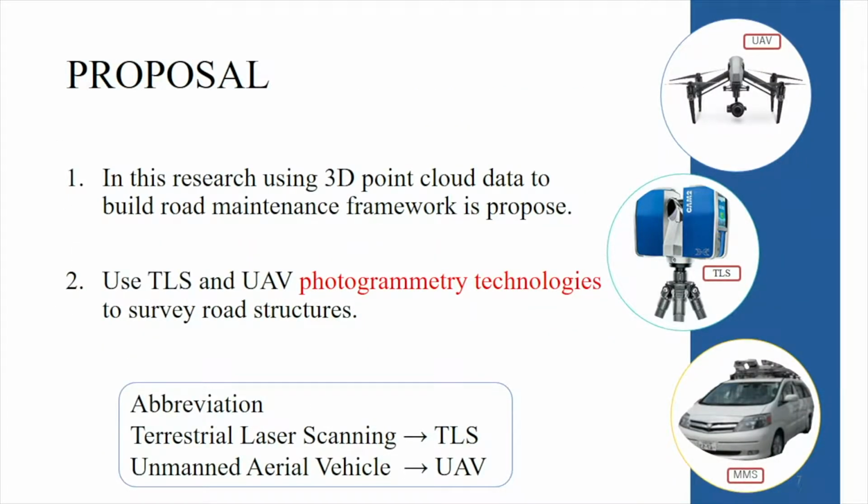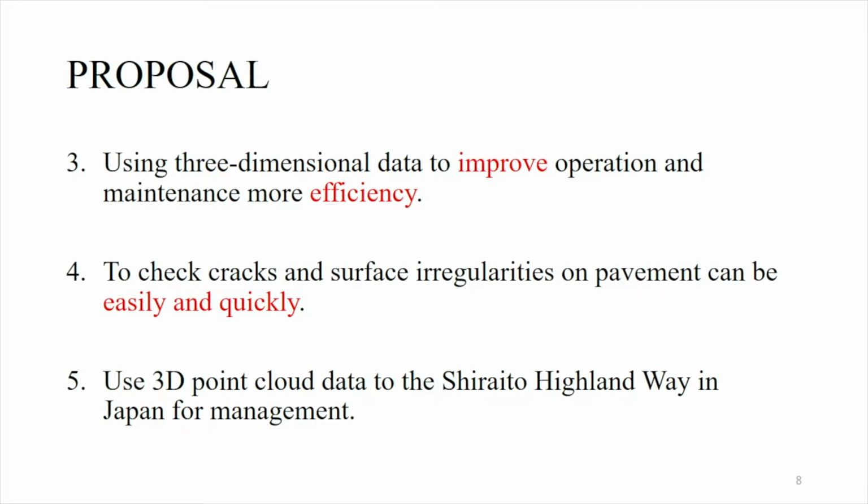In this research, using 3D point cloud data to build a road maintenance framework is proposed. We use TLS and UAV photogrammetry technologies to survey road structures, and use the 3D data to improve the efficiency of operation and maintenance, to check characteristics and surface irregularities so they can be prevented easily and quickly.